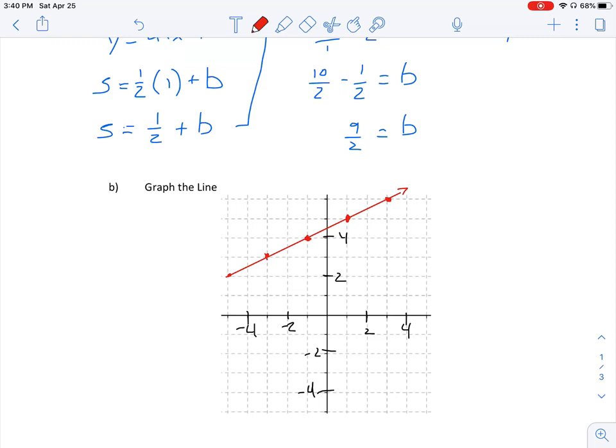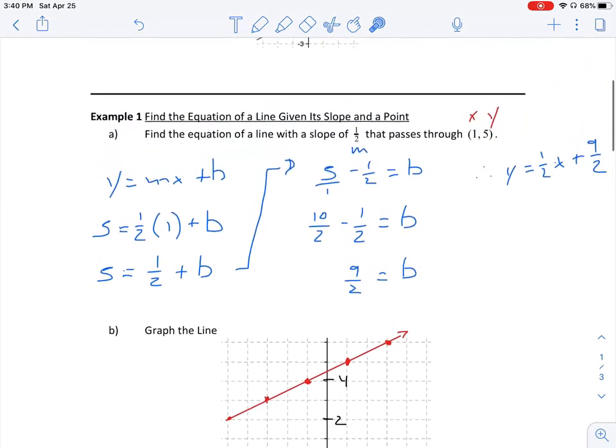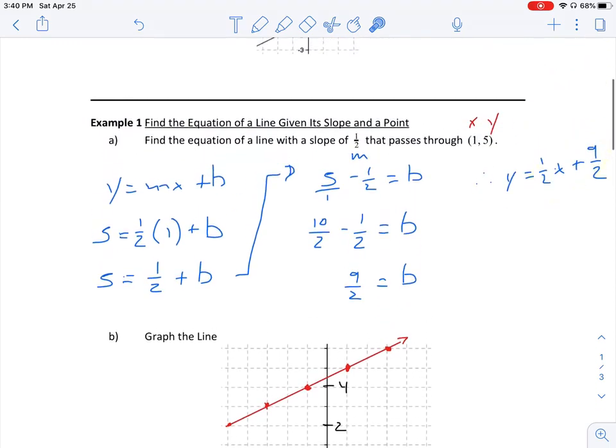So we can see that where the line touches the y-axis is at 4.5, or right about there, right? So that's all this means here. So the y-intercept is 9 over 2. And that's how we would express it in this equation.